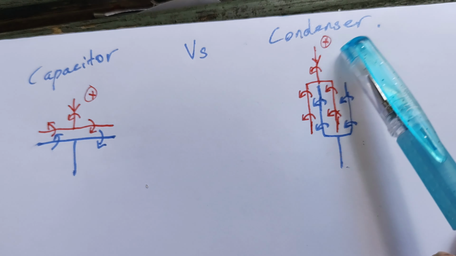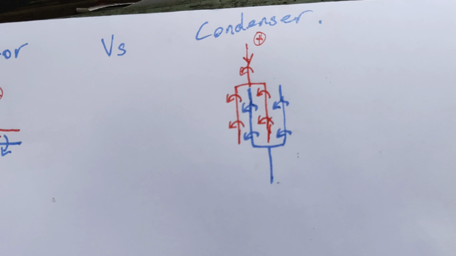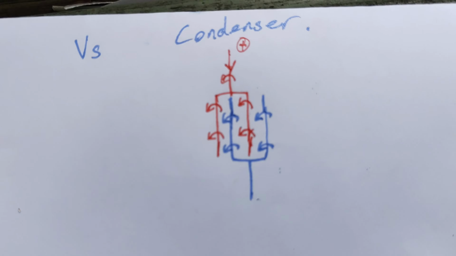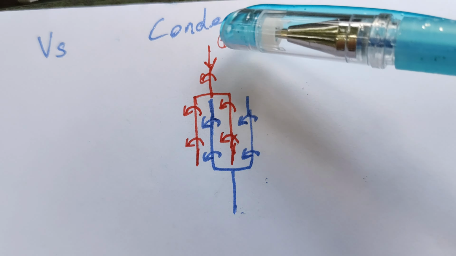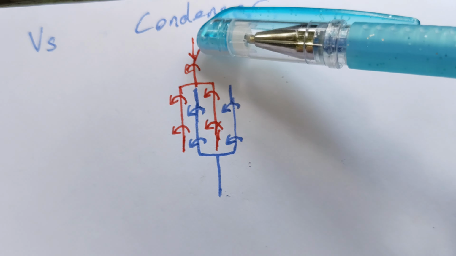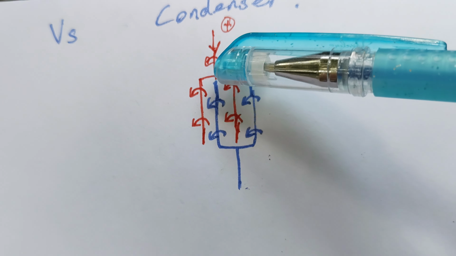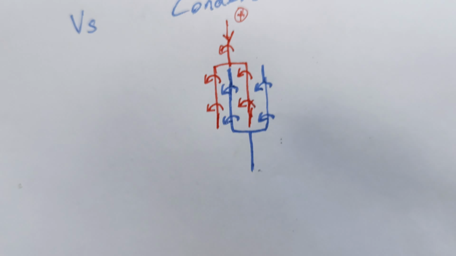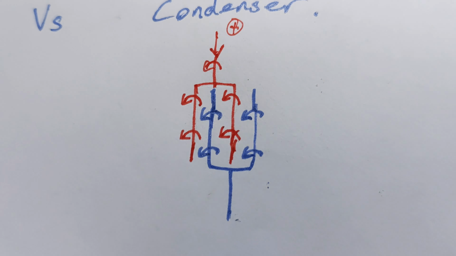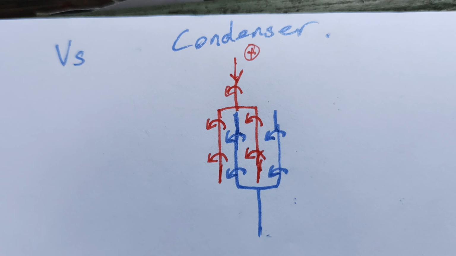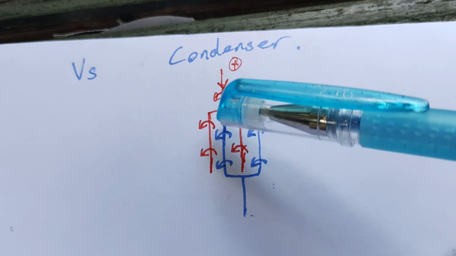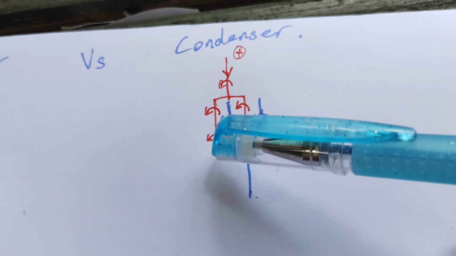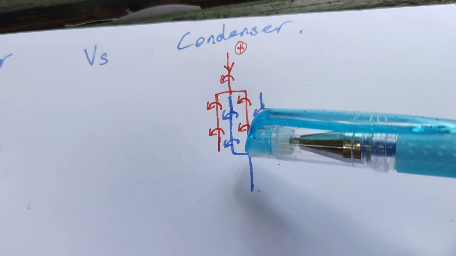But why I say a condenser is actually a different component is this. When we drive a positive charge in here, of course, at first, some is going that way and some is coming this way, like with the normal capacitor. But notice then, both sides take a right angle turn. And then we have positive charges running down here, as well as down here.